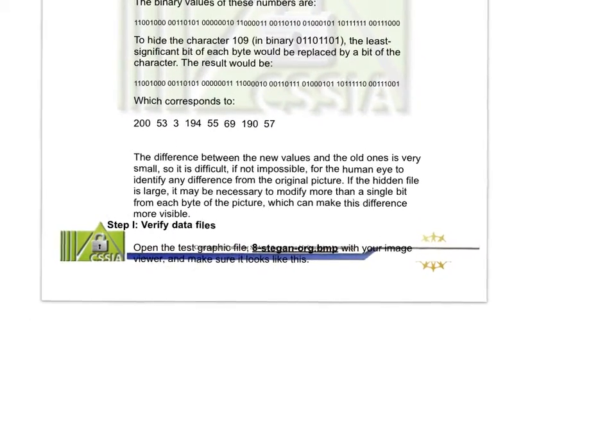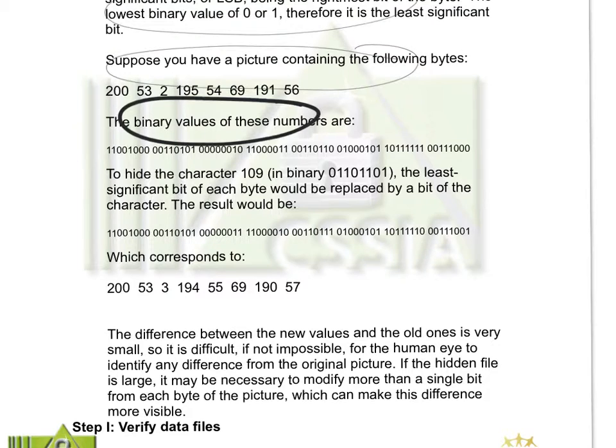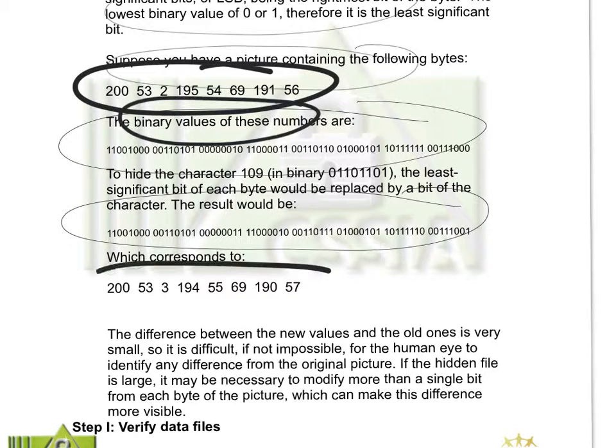Verify data file. So when you open that zip file, I'm going to go ahead and stop it. We'll say right here, that one and this one. I'll make it a little bit bigger so you can see it. That one and that one.